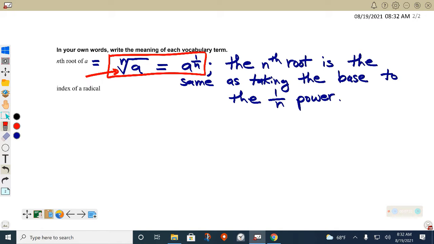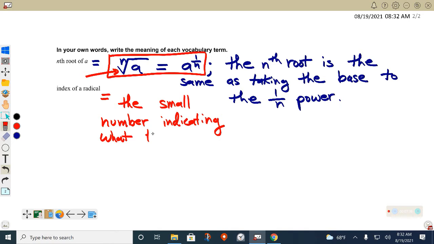The index of a radical is the small number indicating what kind of root is sought.